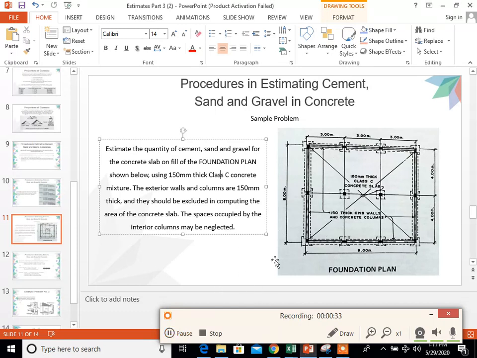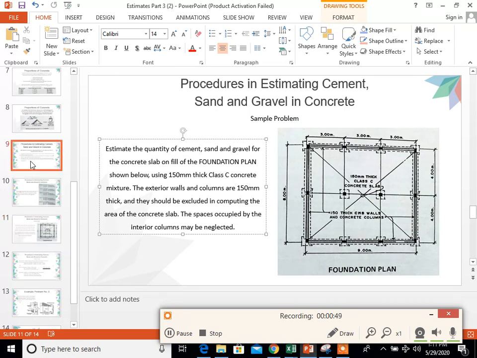So, as you can see in the foundation plan, we have a 150 mm thick Class C concrete slab. Then the thickness of the concrete hollow blocks and concrete columns are 150 mm thick also.